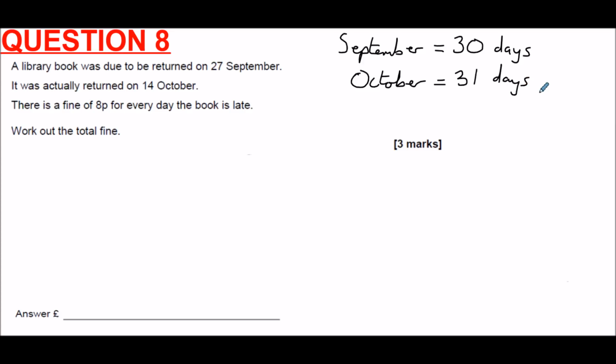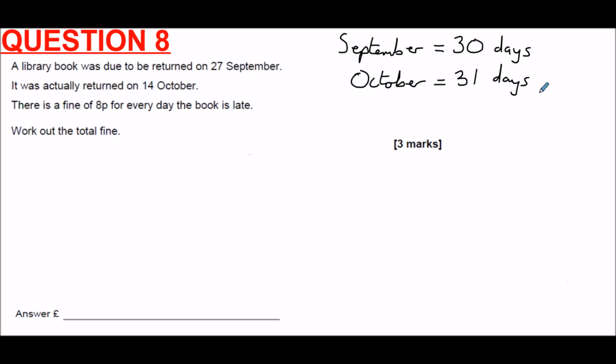There is actually a rhyme for remembering how many days in each month. So I'll embarrass myself by just quickly mentioning it, but I'd suggest Googling it as well because you do need to know it. It goes along the lines of 30 days have September, April, June and November. All the rest have 31, except February alone, which has 28 days clear, except 29 days in each leap year.